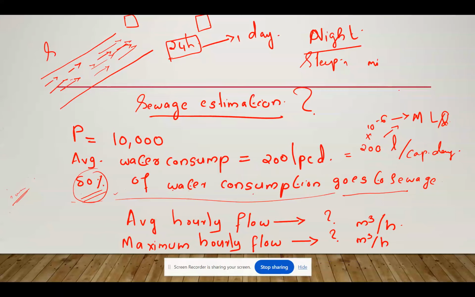Yes, so at daytime, if it's a city, in office hours, the flow is maximum. So accordingly, you are calculating the average hourly flow through the sewage system, and what is the maximum hourly flow. So how do you calculate this?